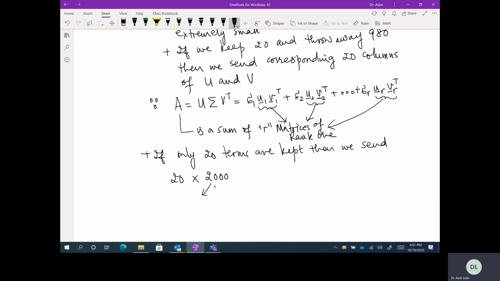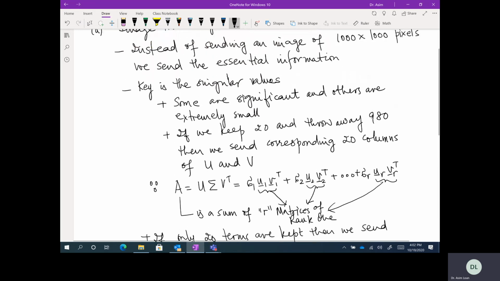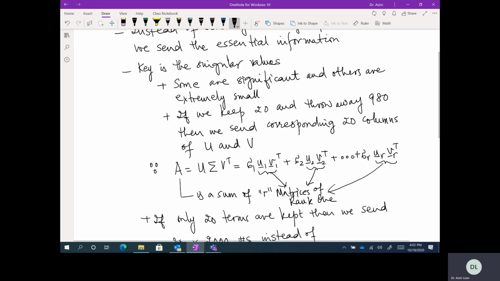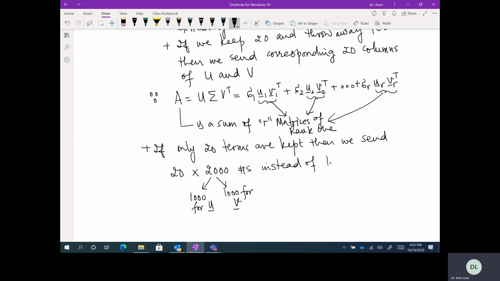Why 2000? 1000 for U and 1000 for V. 2000 numbers for each of the 20 vectors, instead of this 1 million.